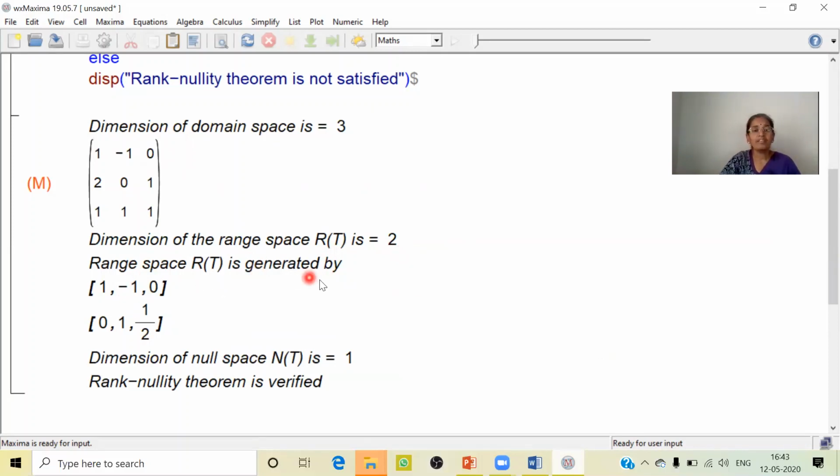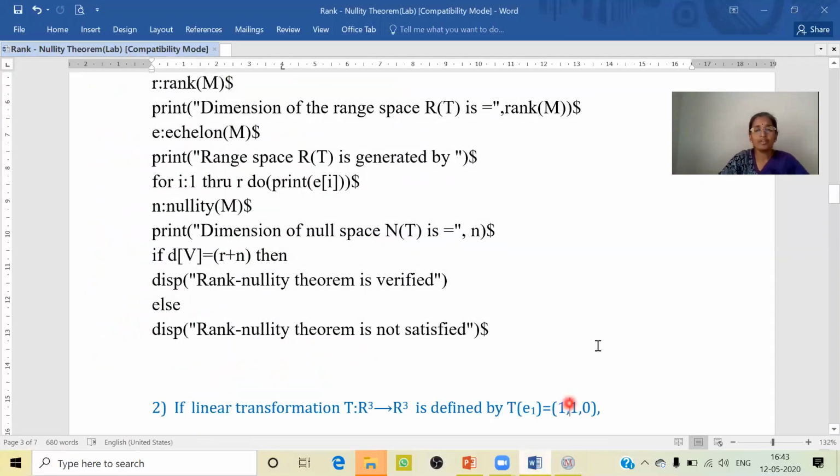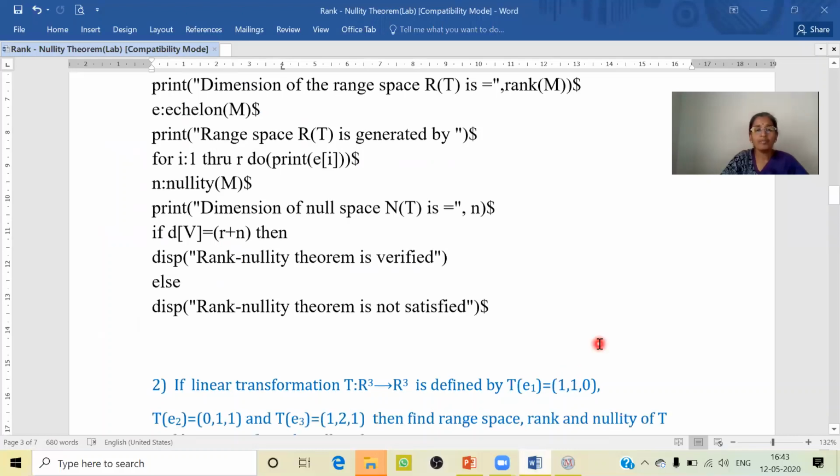Range space R of T is generated by these two vectors. Dimension of the null space N of T is 1. Since 3 is equal to 2 plus 1, rank plus nullity is equal to the dimension of R cube, therefore the rank nullity theorem is verified. Likewise, we can solve any number of problems using Maxima code.